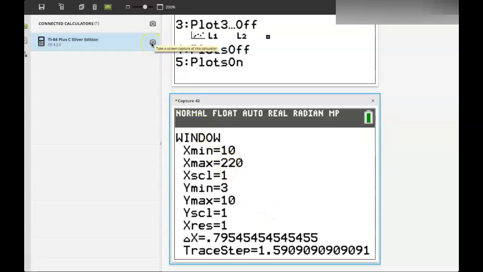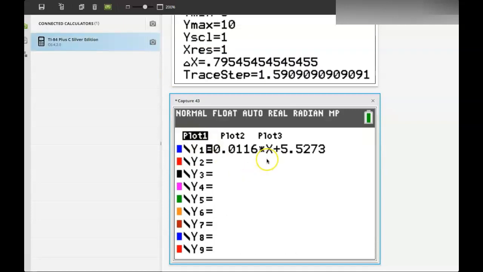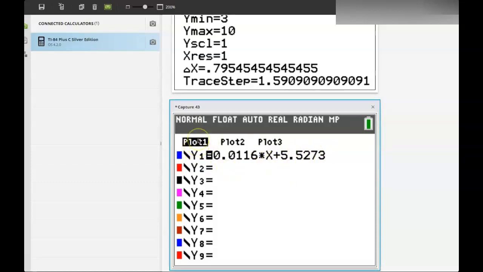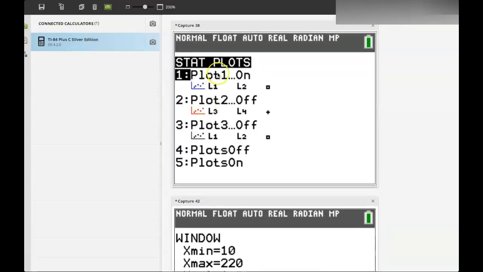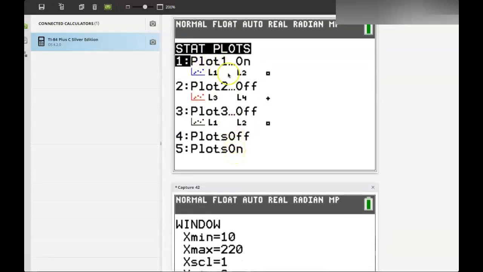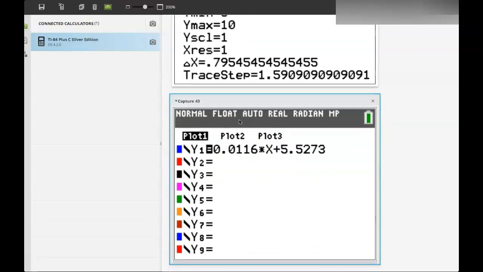Then enter what you got from part A. What was your least square regression line? You should enter all these: this is the slope, multiply by x plus our y-intercept. After you enter this, make sure you have plot 1 on, because in the first step we chose to have plot 1, and that is on. Same thing here, choosing the first one.